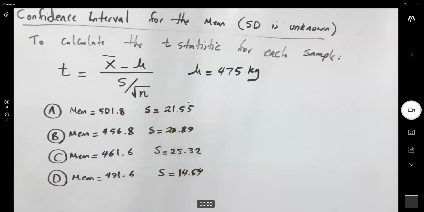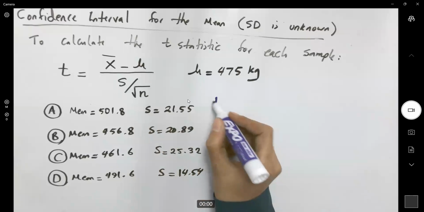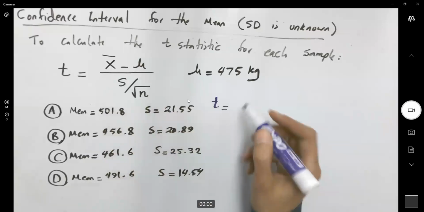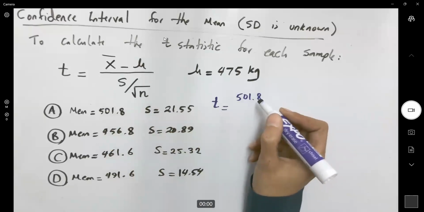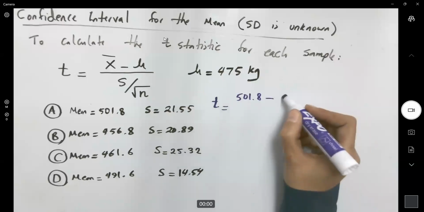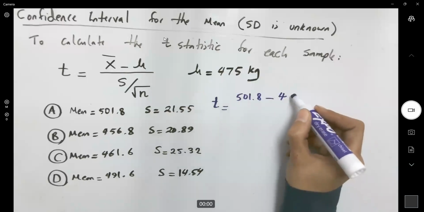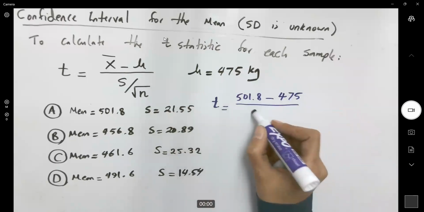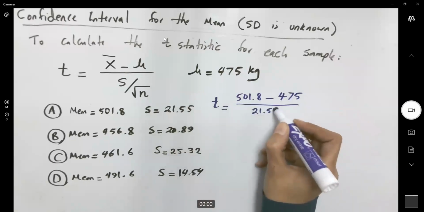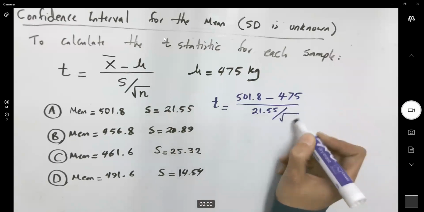If you want to calculate T for the first sample, T becomes X bar, which is 501.8, minus the mu, the population mean, 475, divided by S, 21.55, over the square root of n.